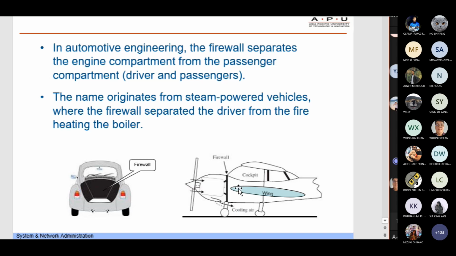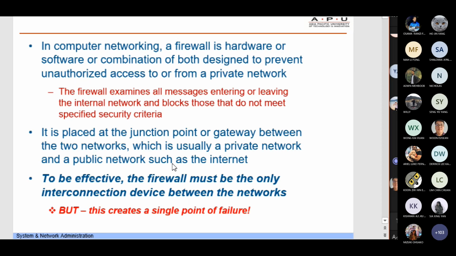And so we think about having a space that is behind the firewall, protected, and the unprotected space where all of the action is and anything can happen. So that examines all of the traffic that is entering or leaving the internal network. We saw that with iptables.